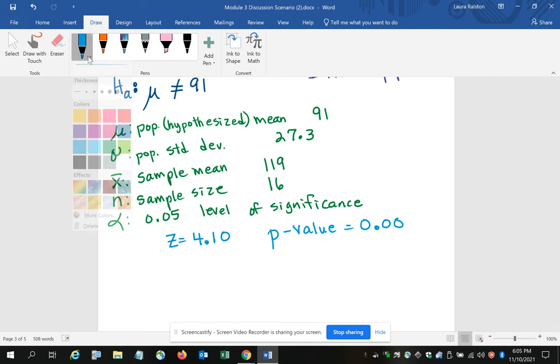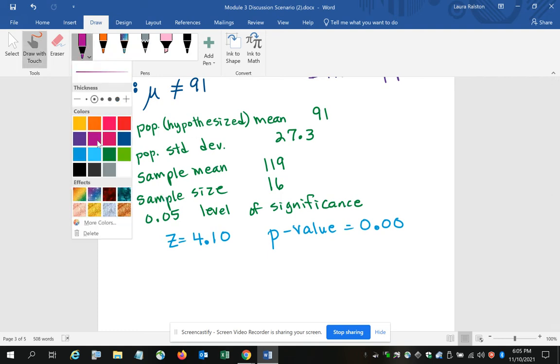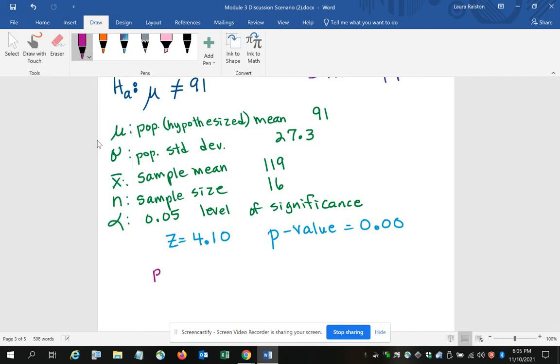So again, at that point, we want to make a decision by comparing the p-value that we just got from Minitab to the level of significance that was given to us in the problem, which is 0.05.